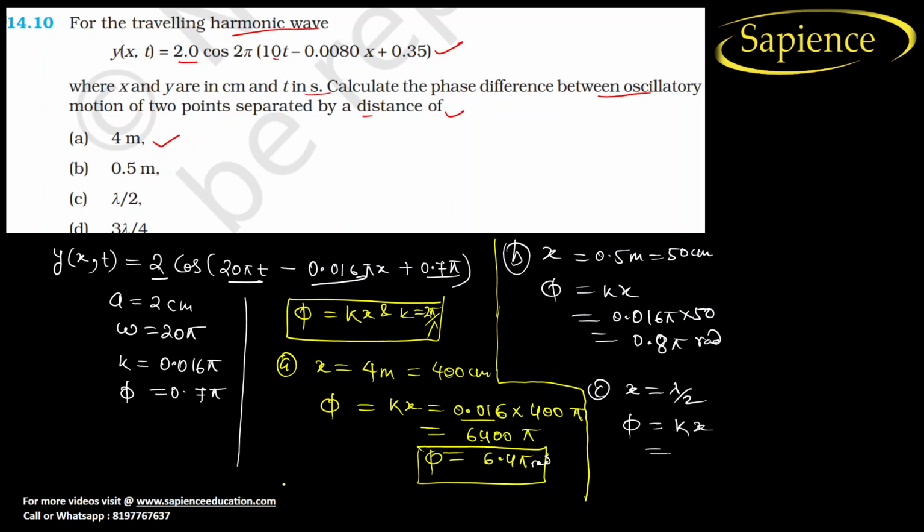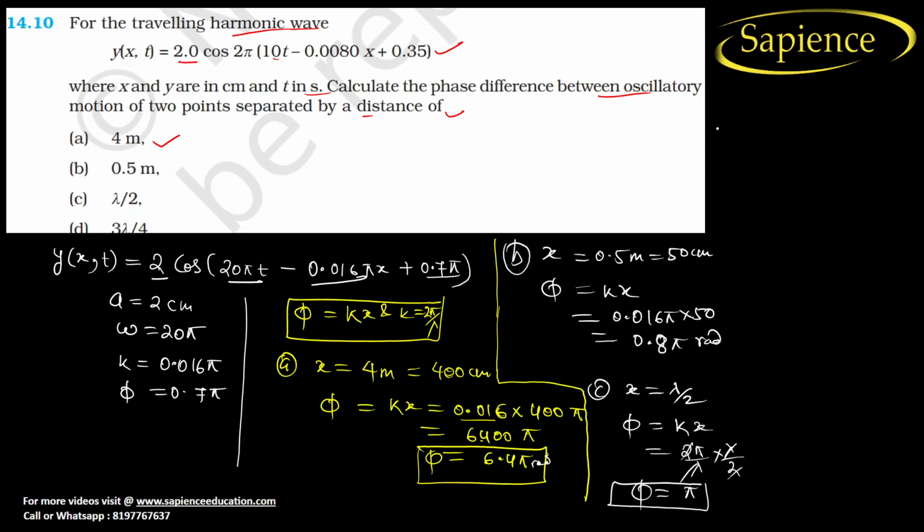Since φ is equal to kx, in place of k we can put 2π by λ, and in x we can put λ/2. So λ got cancelled, 2 got cancelled, so φ will be equal to π. So the phase difference is π.